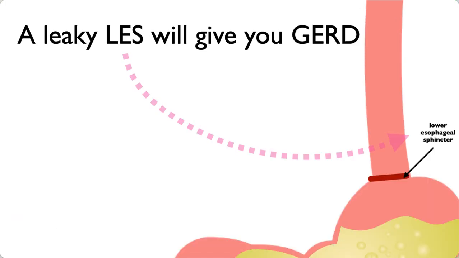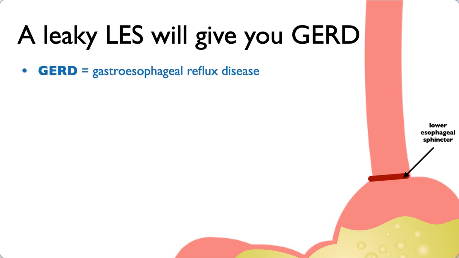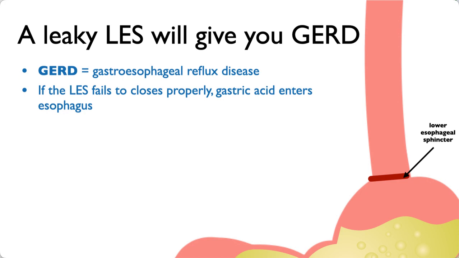Now, if your lower esophageal sphincter is leaky, if it doesn't close all the way, then it can cause you to develop GERD, or gastroesophageal reflux disease. So if the lower esophageal sphincter fails to close properly, the gastric acid is going to leak into the esophagus.